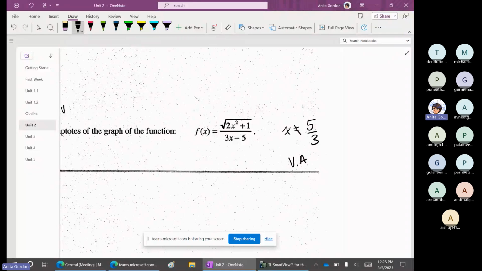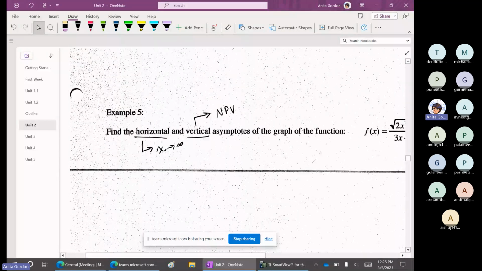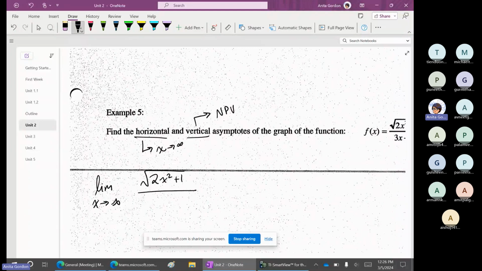However, looking at the top, I have a radical, so I know I'm not going to be able to cancel it out. So it's not a hole, it's a vertical asymptote that goes on forever. So that part's done, easy. Let's take a look at what happens as x approaches infinity. And let's do square root of 2x squared plus 1, all over 3x minus 5.